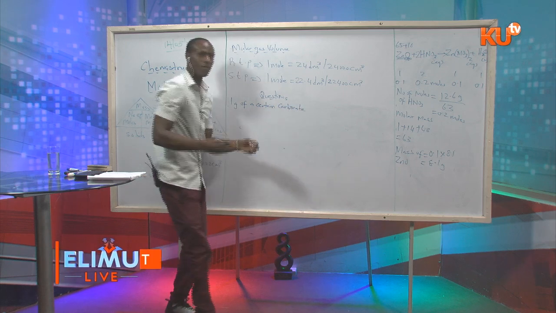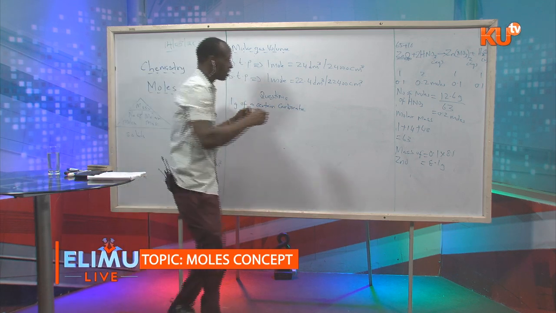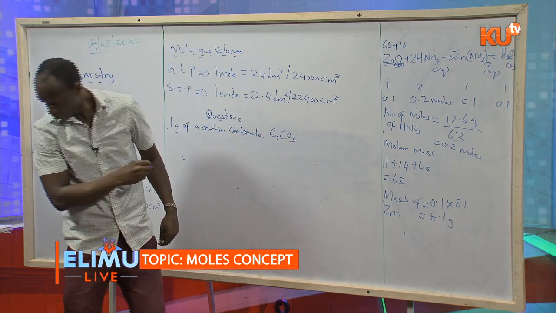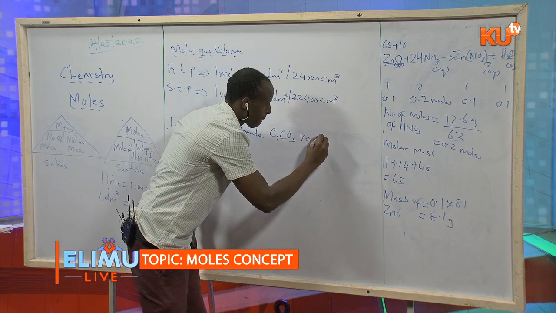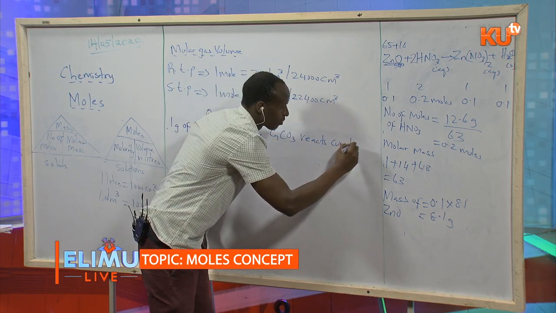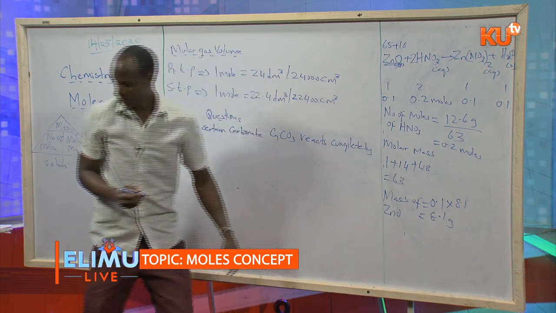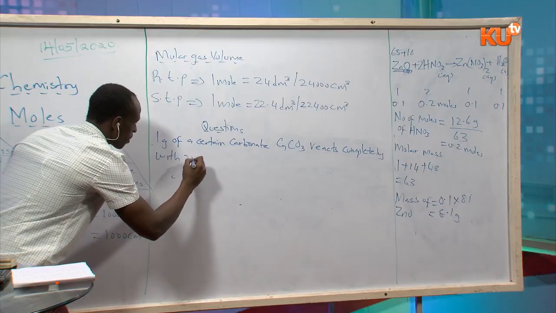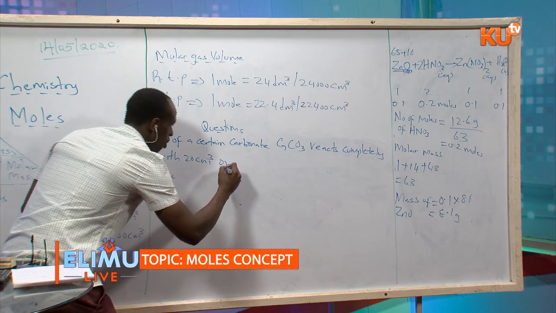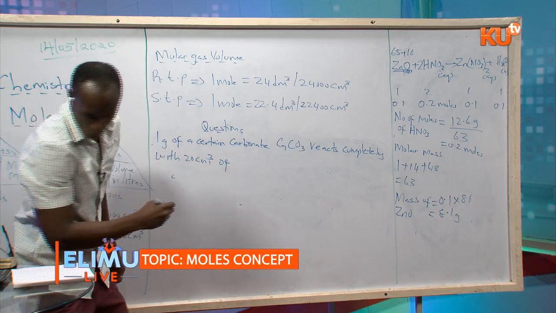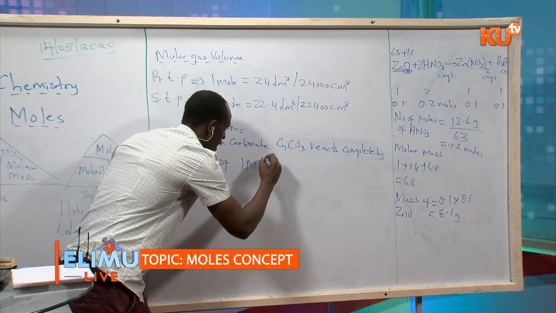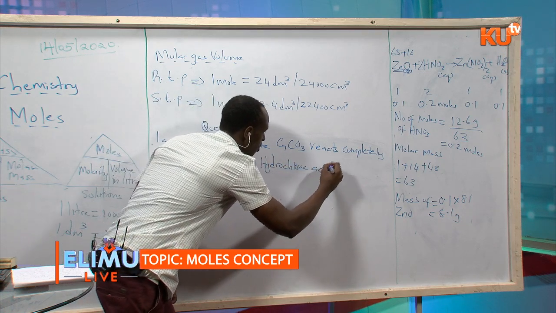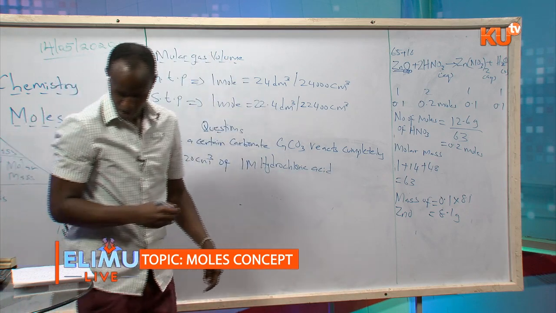We don't know the carbonate, if it's magnesium carbonate or other, so we just write it as GCO3. It reacts completely with 20 centimeter cubed of 1 molar hydrochloric acid.